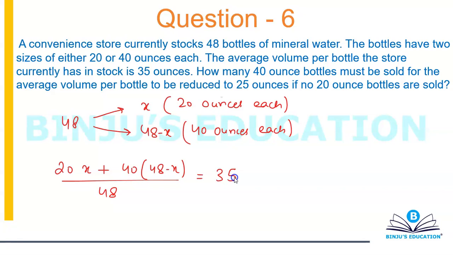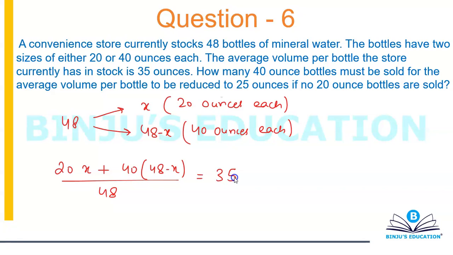So I have x bottles of 20 ounces each, so the total quantity will be 20 into x. I have 48 minus x bottles of 40 ounces each, so that will be 40 into (48 minus x), and that will be divided by 48 bottles, so that will be equal to 35. 48 represents the total number of bottles, so sum divided by total number is equal to average, which will be equal to 35.